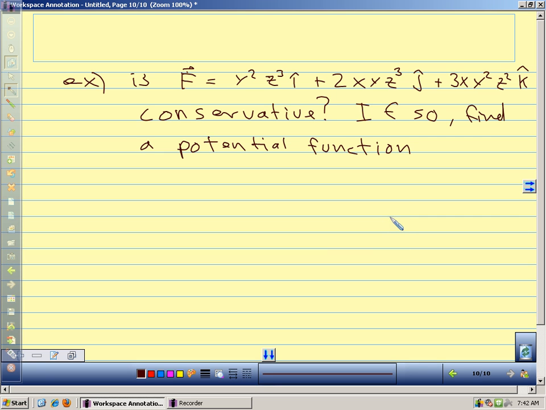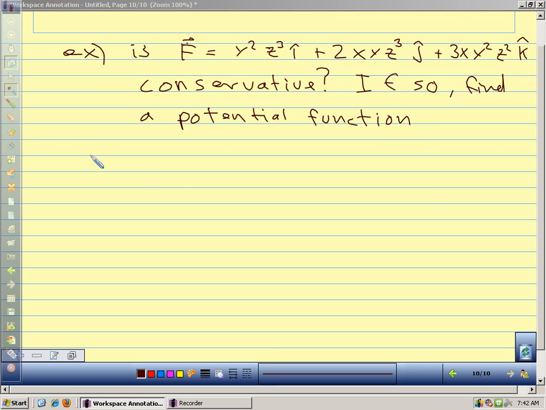So to figure out if this is conservative, we have to find the curl. We're going to form our determinant, del cross f, equals the determinant of i, j, k.